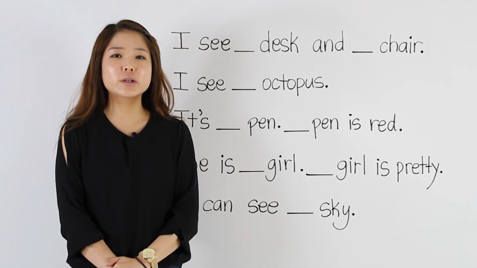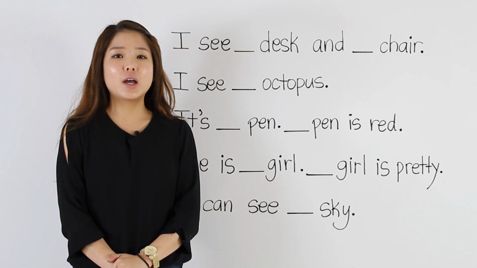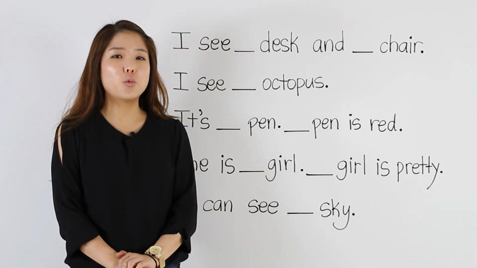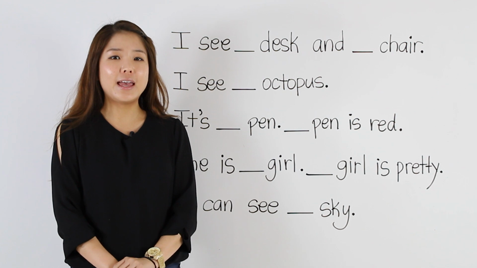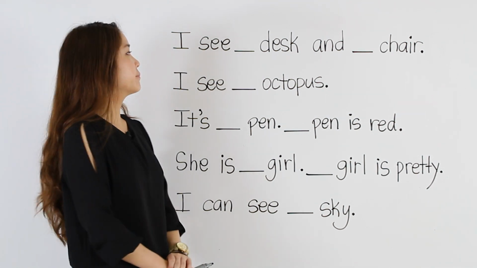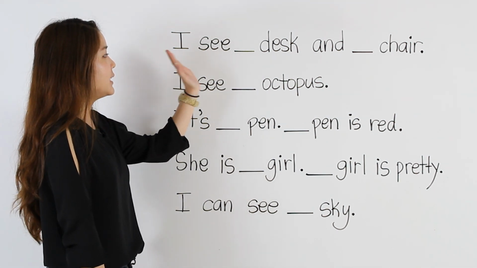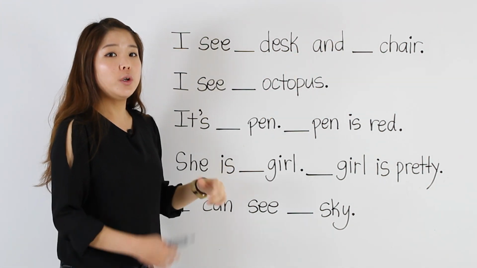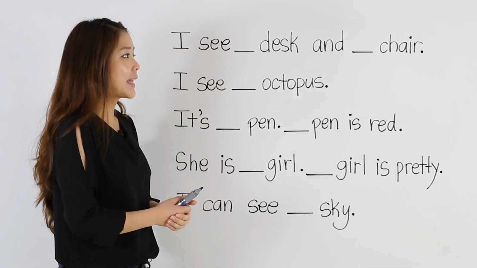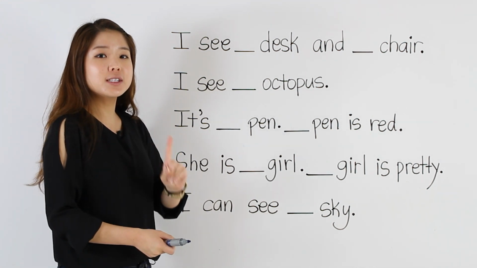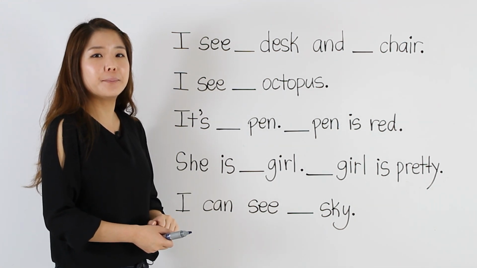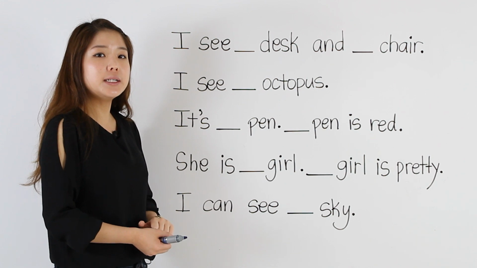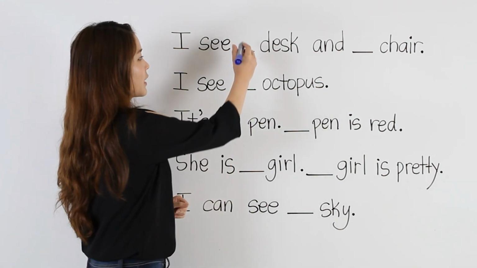Okay, we have some more examples, but this time I want you to think about whether we should put a, an, or the. Okay, so I see desk and chair. We don't know which desk and chair, and it's the first time I'm talking about them, so we have to put a.